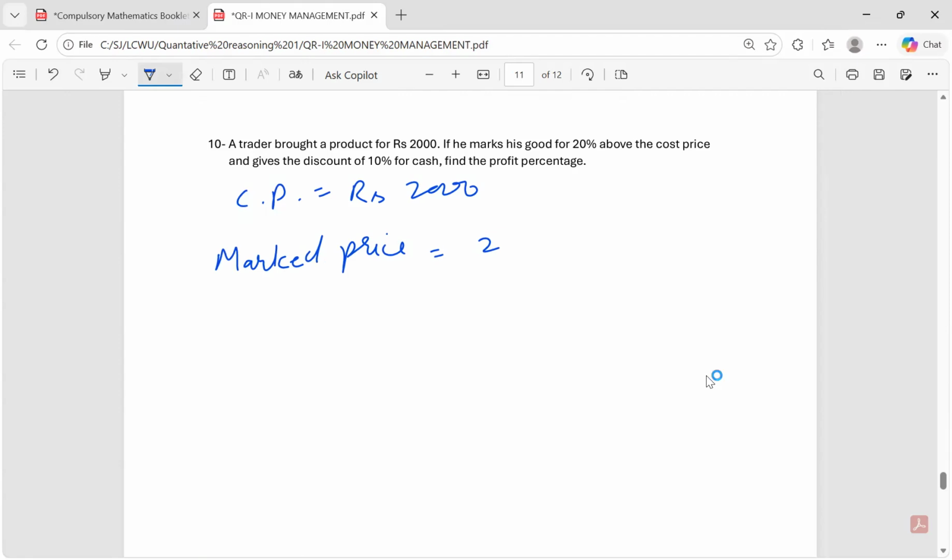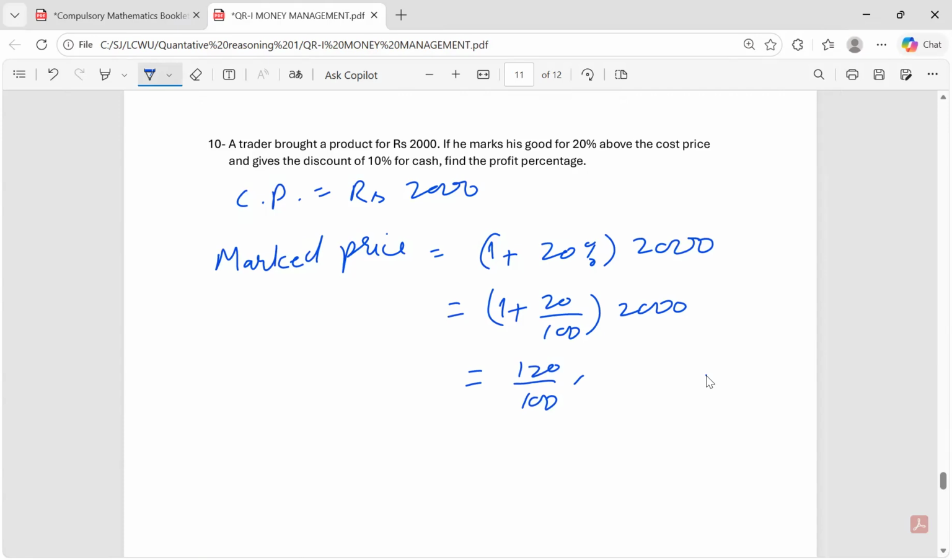Mark price is 1 plus 20% of 2000, which is equal to 1 plus 20 by 100 of 2000, equal to 120 by 100 of 2000. If you simplify it, you will have 2400, right?